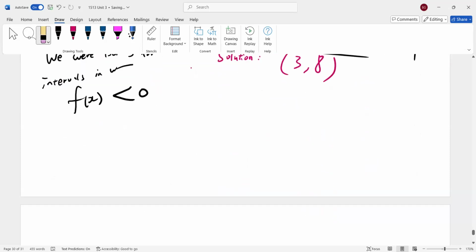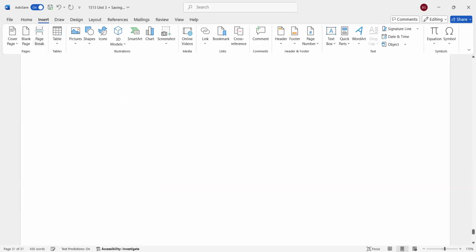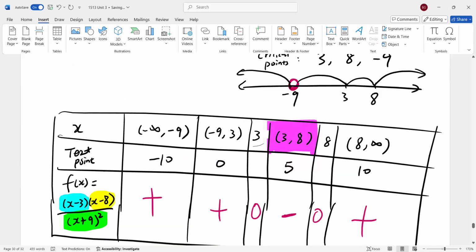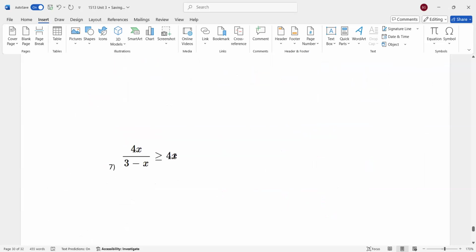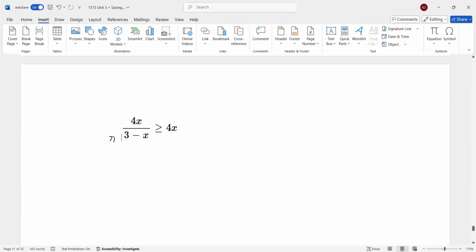Let's continue, practice more. This problem is necessary to include because this given rational inequality is not in a standard form.